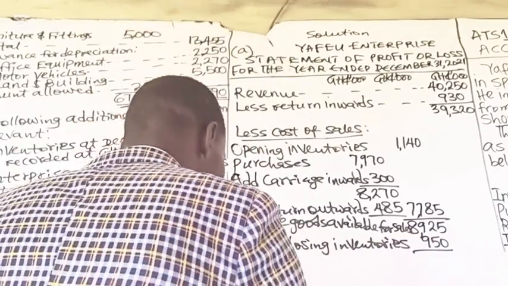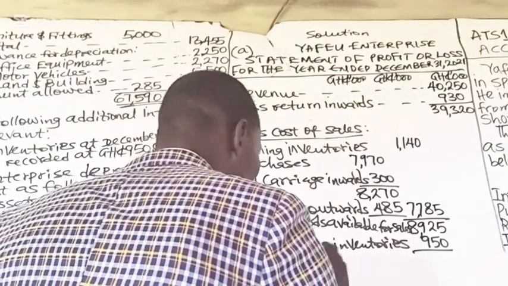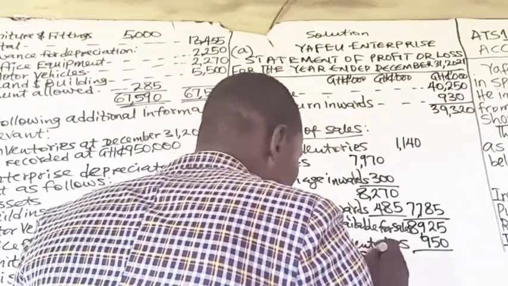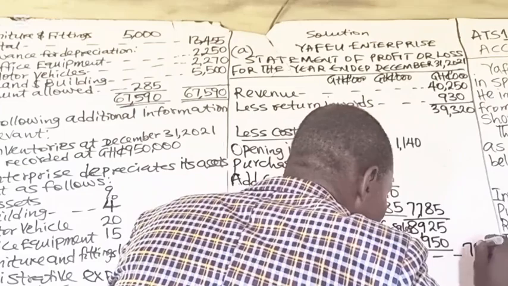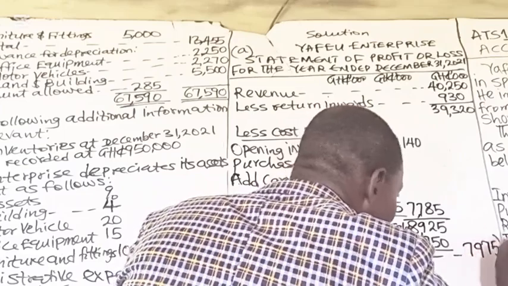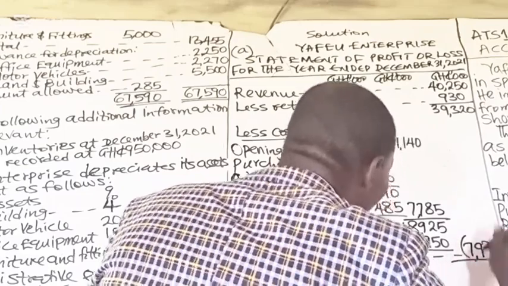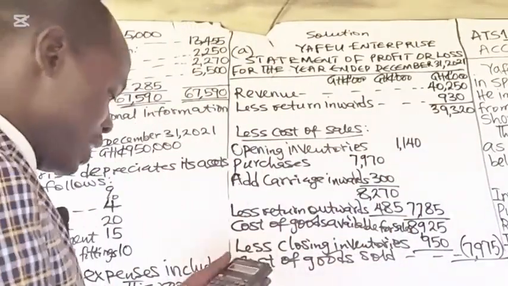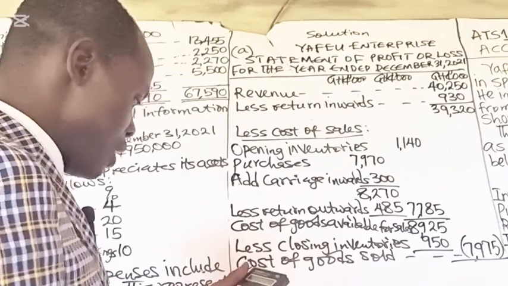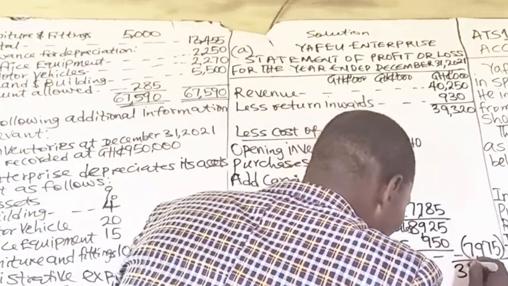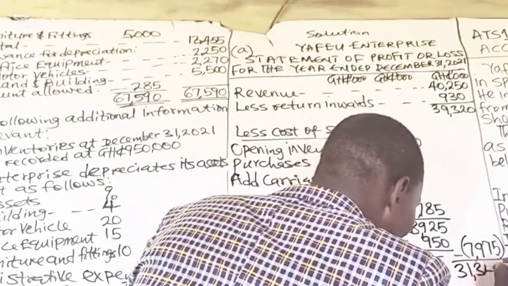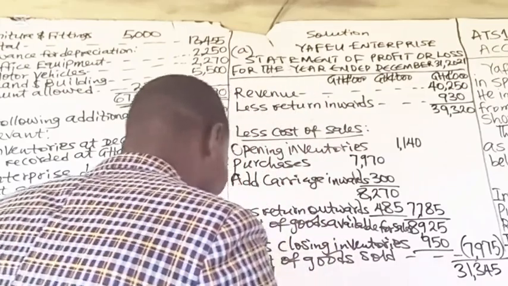That is cost of goods sold. If you subtract cost of goods sold from the revenue of 39,320, then you arrive at the gross profit. We have gross profit of 31,345. That is the gross profit.